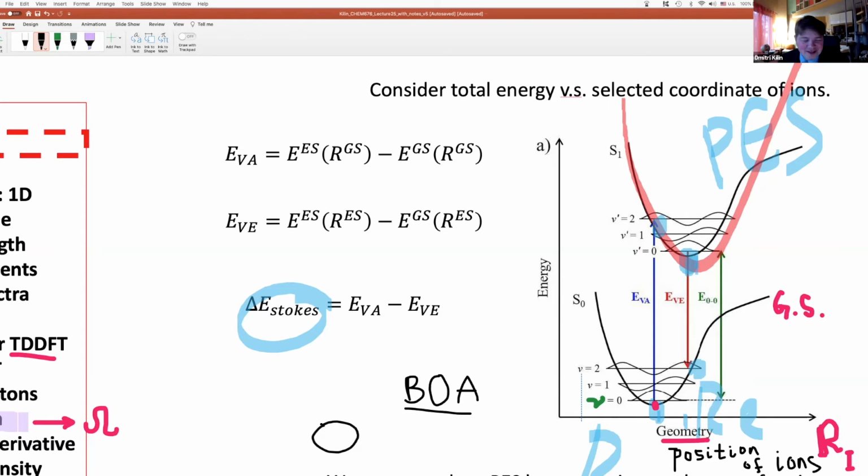Anyone remembers? Kia, do you remember anything about Born-Oppenheimer approximation? Maybe next year I should have more exams. Kia? Oh, she types no.